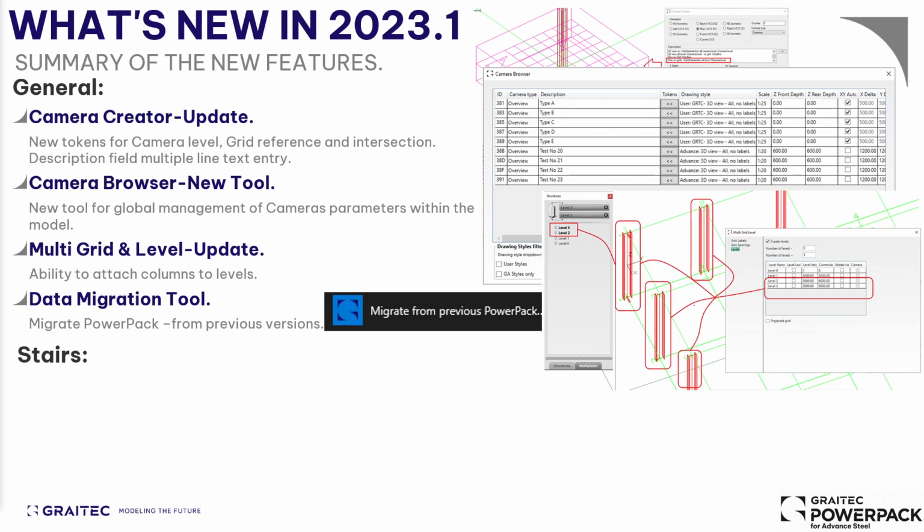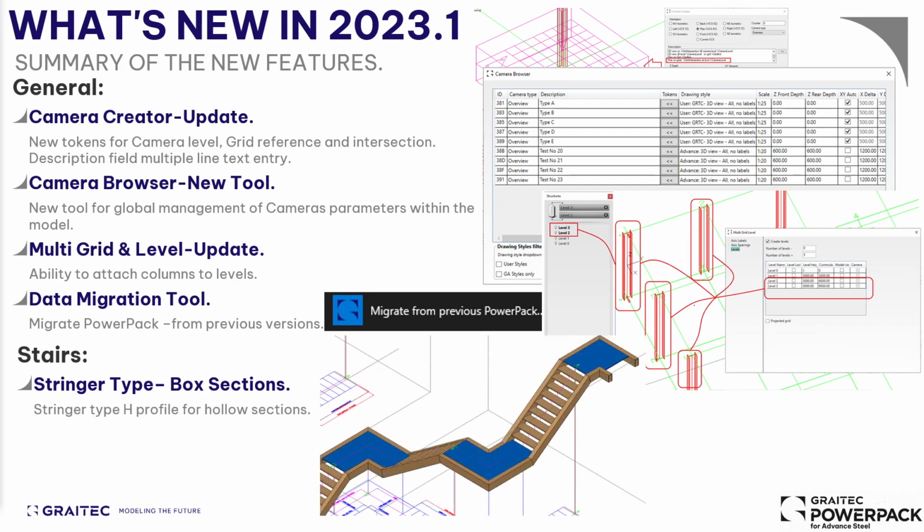Also, continuing our development of our stair macros, we've now enabled stringer types for box sections. This works for all the different types of stairs, straight stairs that is, within the PowerPack macros.